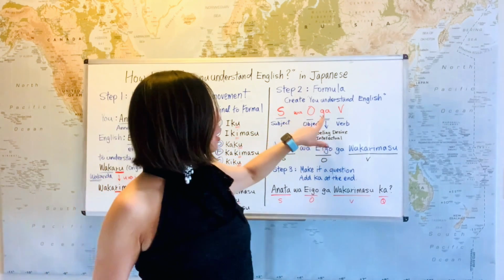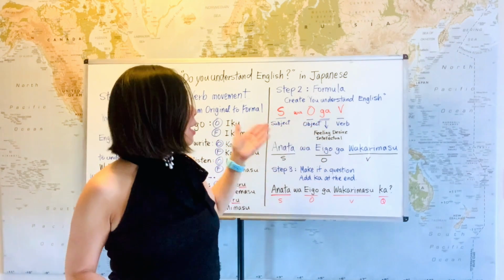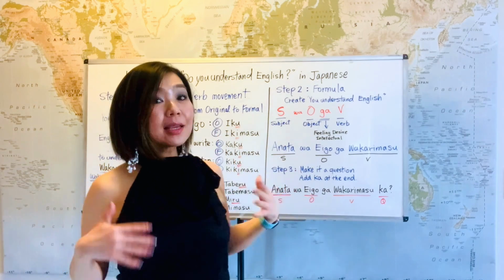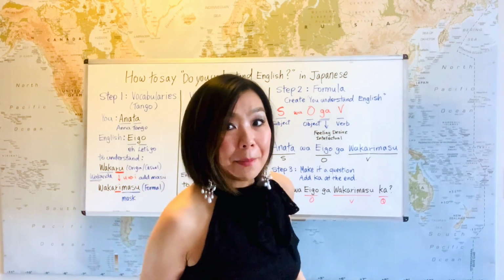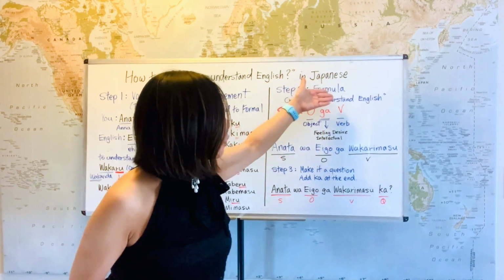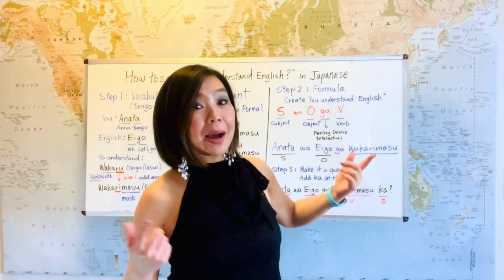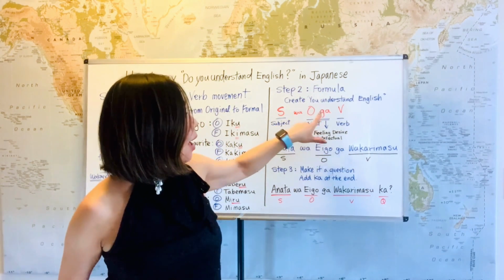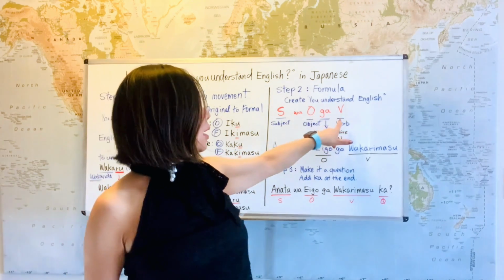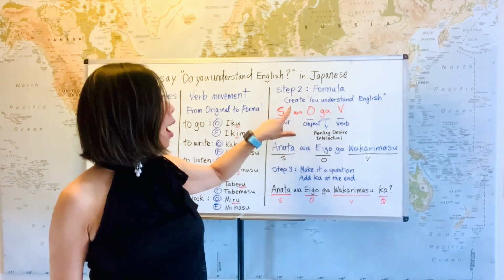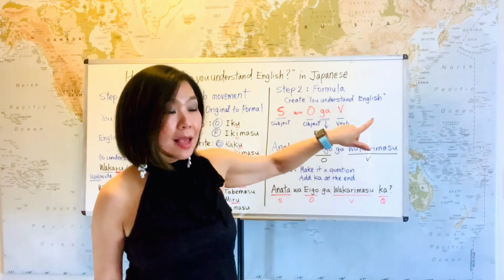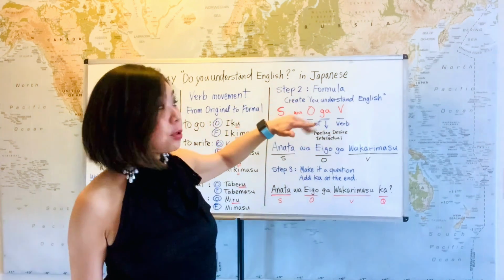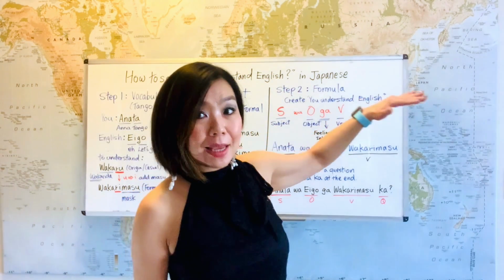O, object. Ga, this is a bridge word that expresses a feeling, desire, or intellectual matter. So we're talking about understand. That's an intellectual matter. So that's why we use ga right here. And then V is a verb. S wa o ga V. So this is a formula we're going to use for you understand English.